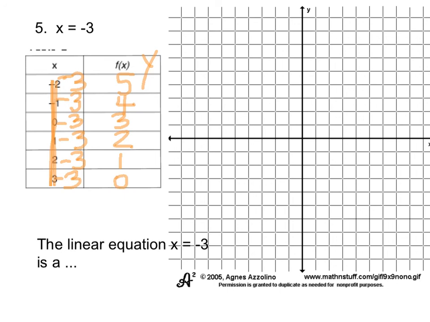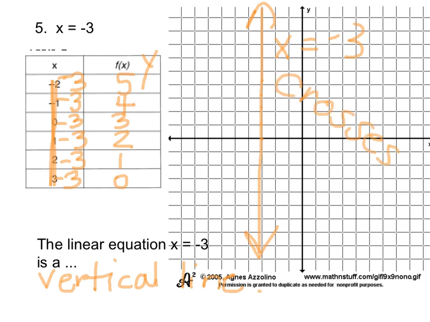And this line is going to cross the x-axis at -3, which makes it a vertical line. Crosses the x-axis at -3.